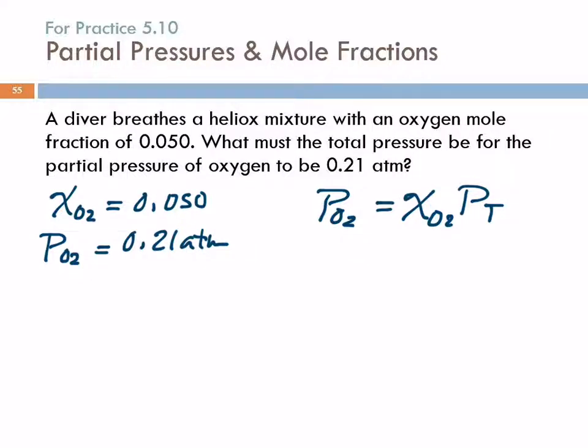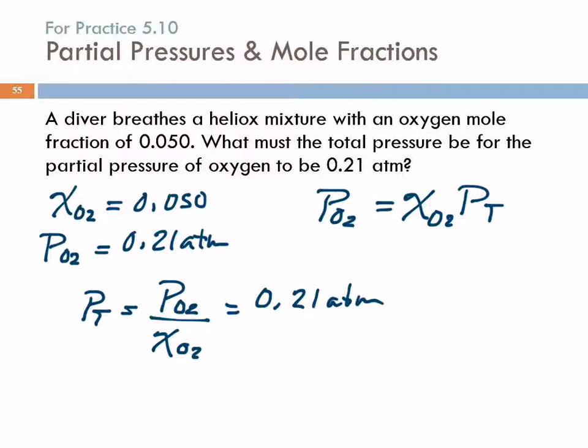We want to know what the total pressure is, so we're going to rearrange this. Total pressure equals the partial pressure of oxygen divided by the mole fraction: 0.21 atmospheres divided by 0.050.